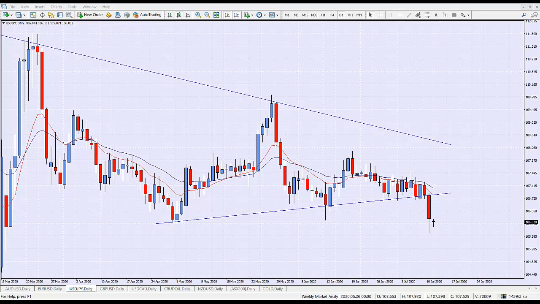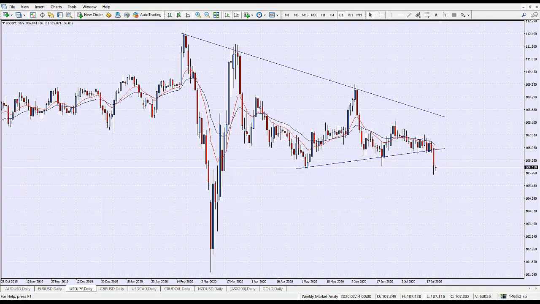So with this particular market, let me just take a broader look. We've broken this low as well, so we've gone beyond that.